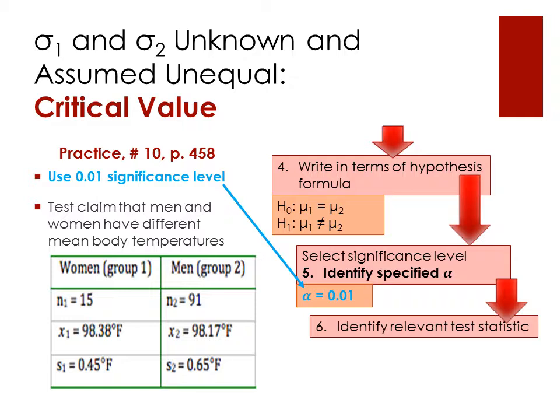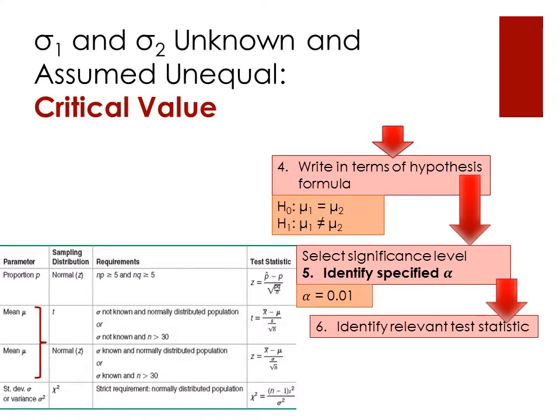Now the next thing I need to do is identify my relevant test statistic. So we're going to go again to that table that we've been using, and we can see here I'm talking about a mean. So I'm in the middle of this table, and the next question we need to ask ourselves, we can see either we're going to use a t-distribution or the z-distribution.